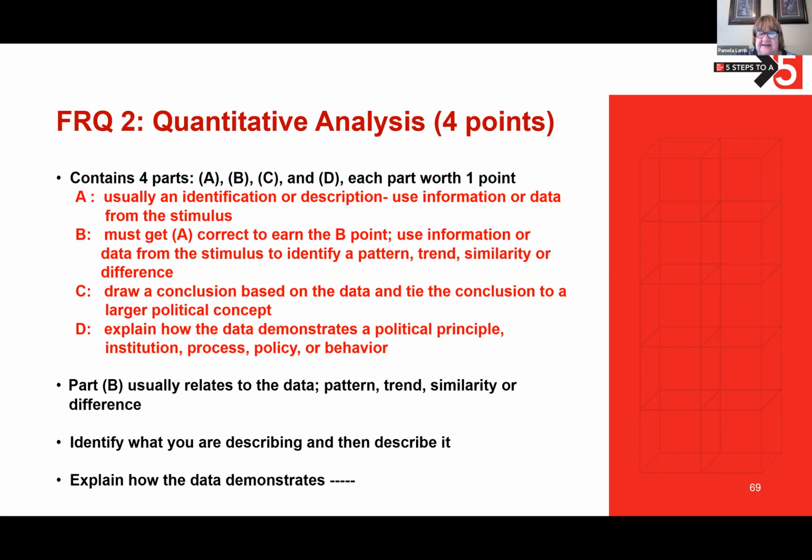And then part D, how that explains federalism, or how that explains how checks and balances work, or separation of powers, one of the major principles of the Constitution. So part B usually relates to the data, and then make sure that you explain whatever the data demonstrates in these explanations right here, and especially in part D.